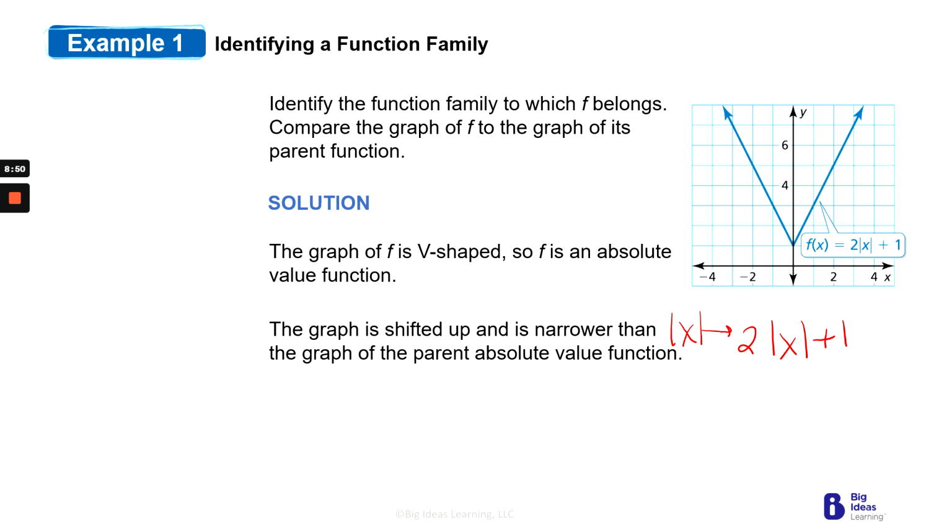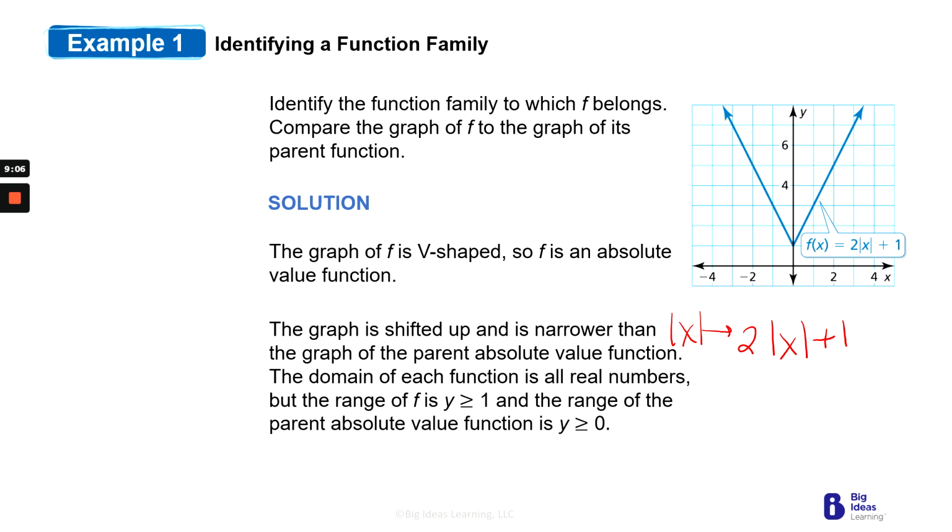Did the domain change for this absolute value function? Nope, it's still all real numbers. It's still going all the way left and all the way right. Did the range change for this? Yes, because now my y's have to be bigger than or equal to what? To the 1, because it got shifted up. My vertex moved, so my domain is fine, but my range has shifted.